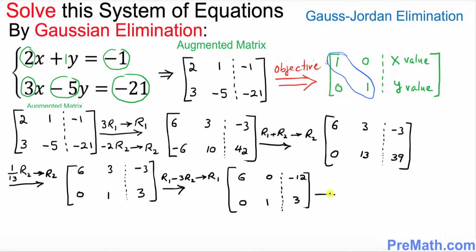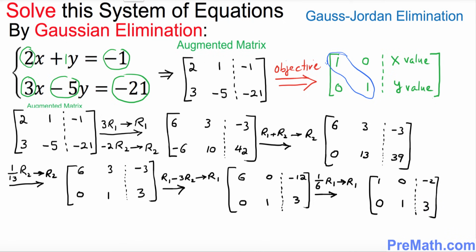And now the final step, we are almost finished. I want you to multiply 1 over 6 times row 1 and put it back to row 1. So that's going to look like 1, 0, negative 2, and once again 0, 1, and 3.